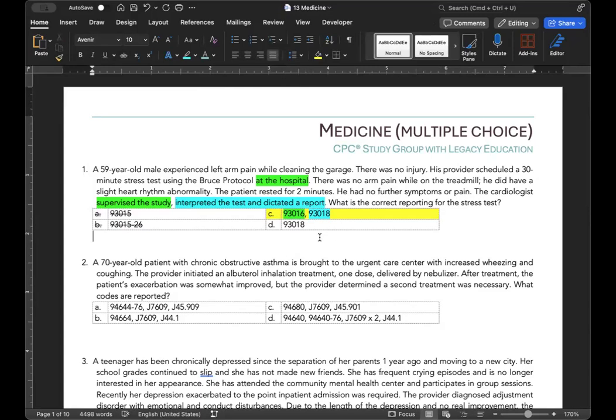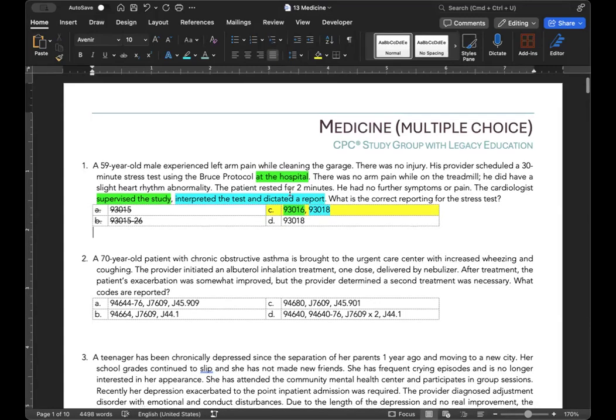So if you see a scenario like this where 93015 includes supervision, interpretation, and report, then we should report them separately, because if they are at the hospital, we know that the provider does not own the equipment. Does that make sense?